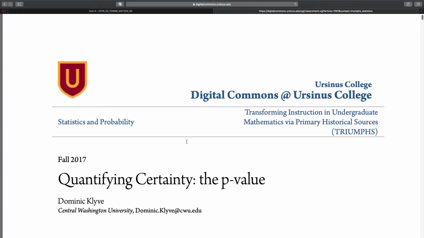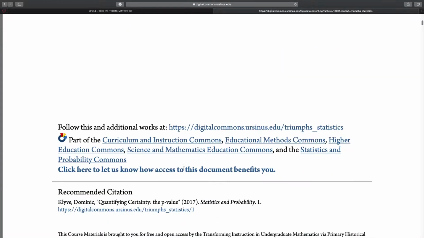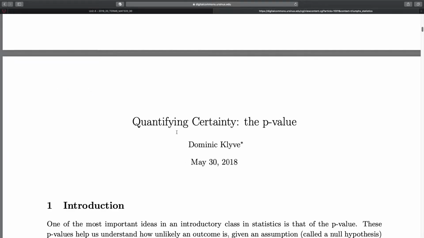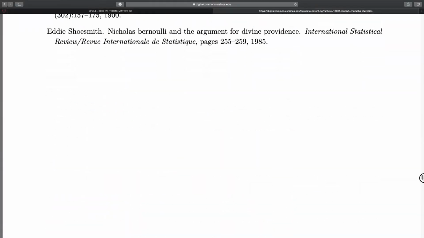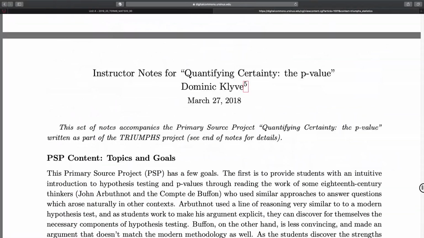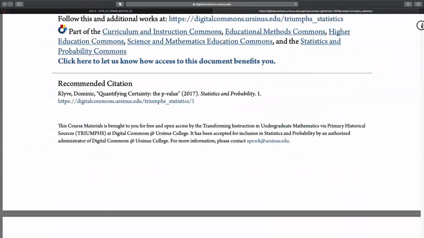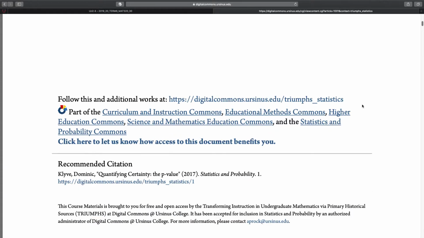We have this online lesson plan on quantifying uncertainty, the p-value. Naturally, if you were to read this, you'll see that at the very end it includes stuff for teachers or professors to be connecting with their students and other instruction notes. But the instruction notes themselves, that's beside the point.